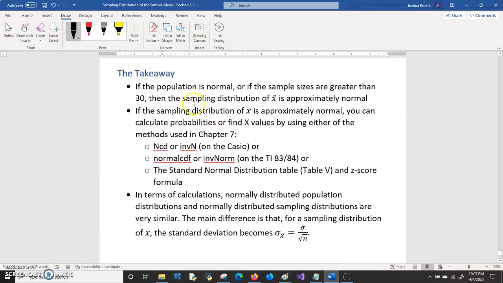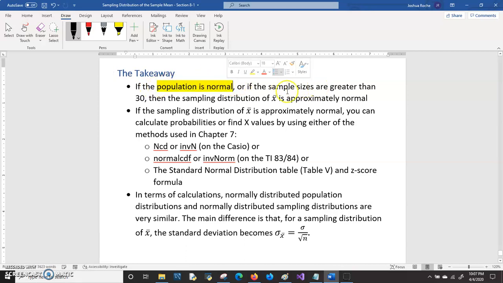There are a couple of takeaways that you want to keep in mind from this section talking about the sampling distribution of the sample mean. One takeaway is to keep in mind if the population is normal or if the sample size is greater than 30.